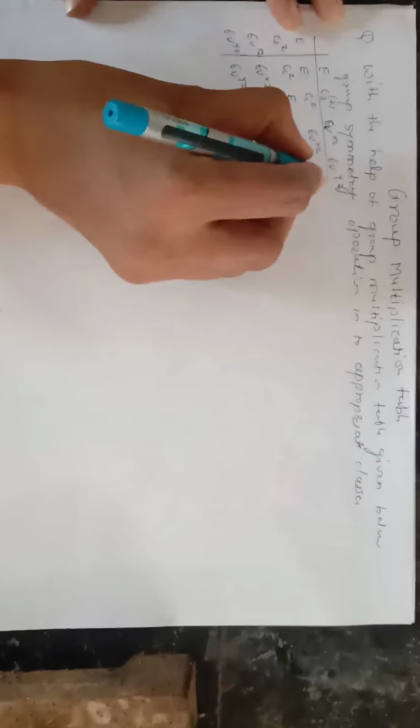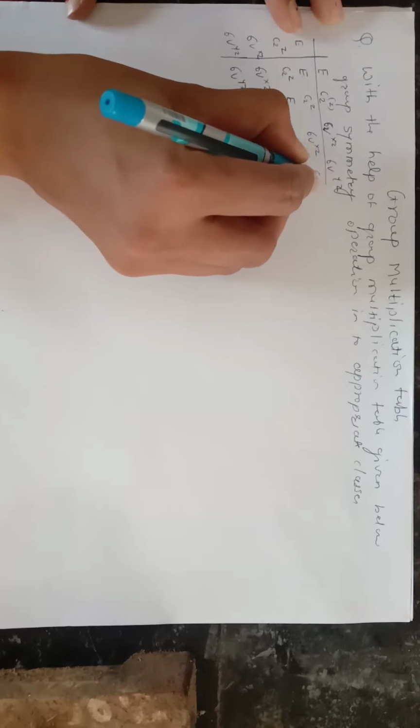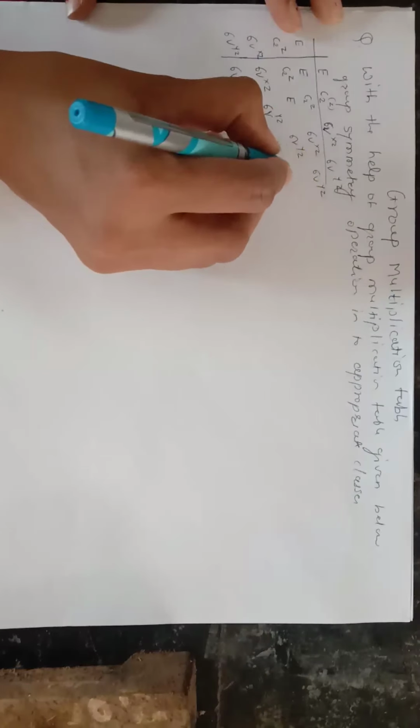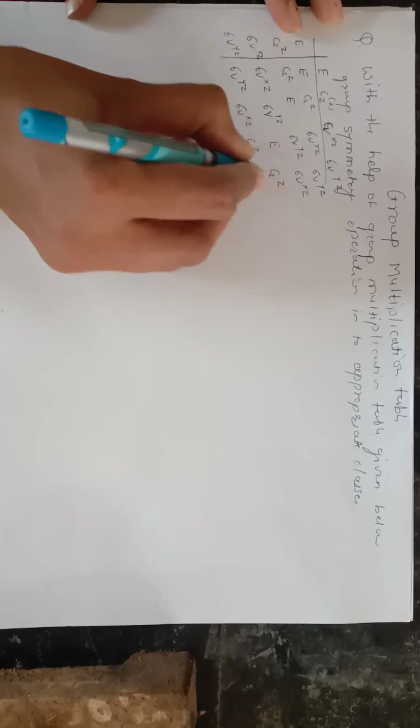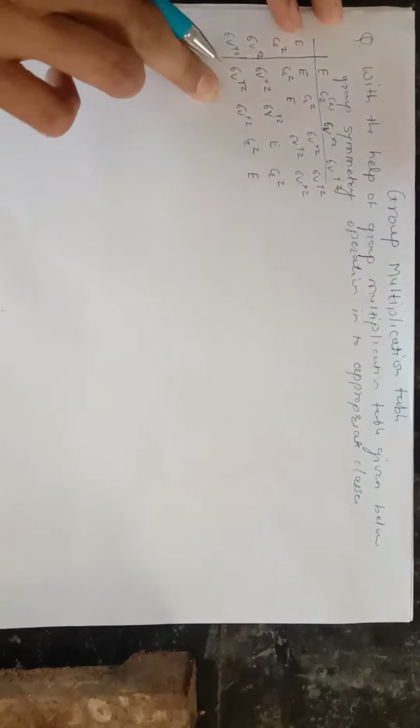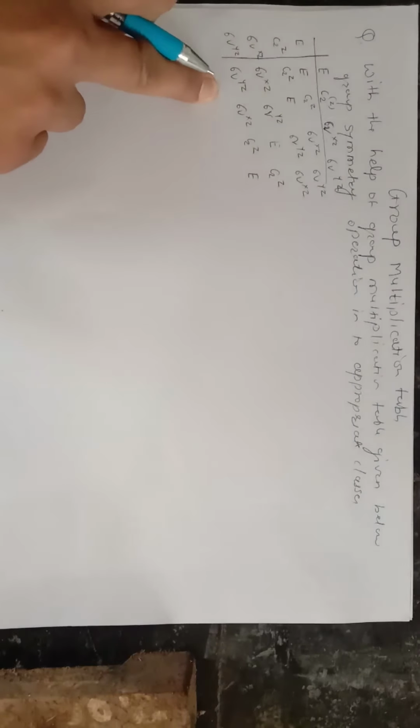In the last row, sigma V YZ, sigma V XZ, C2Z and identity. This is called a group multiplication table.